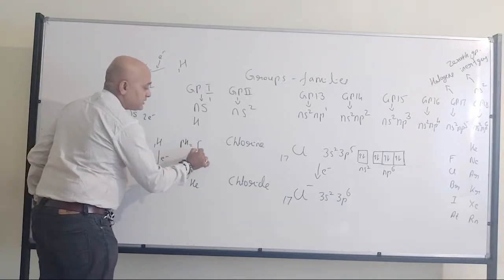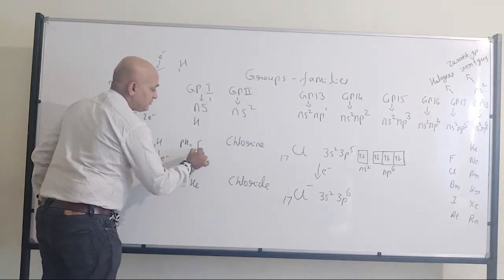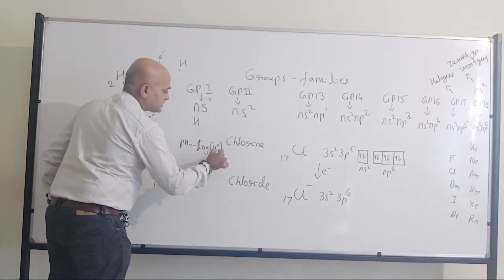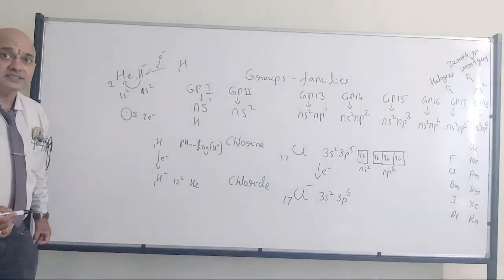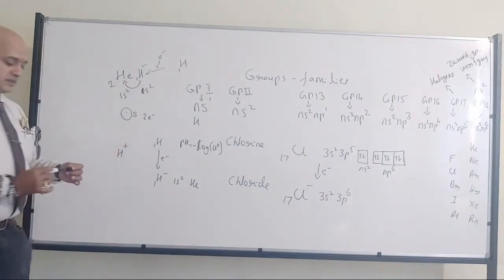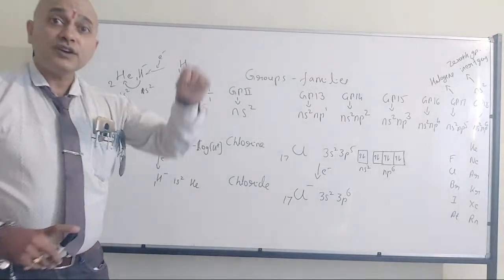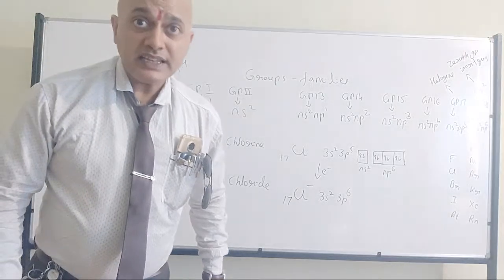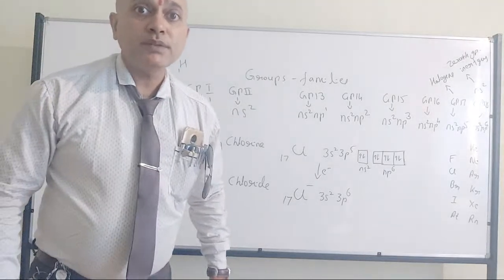What is pH? pH is nothing but negative log of H plus concentration. That means I am talking about H plus, so there is an existence of H plus also.